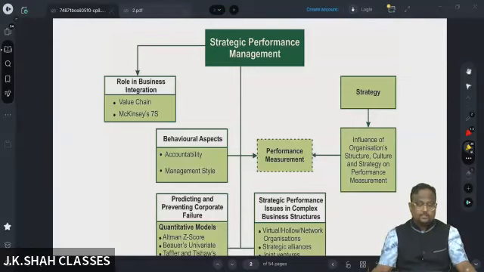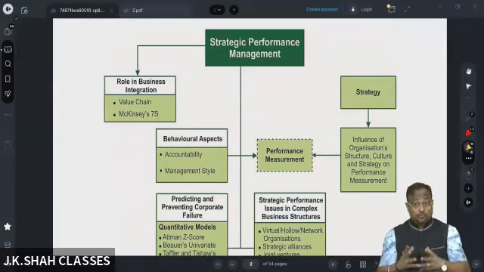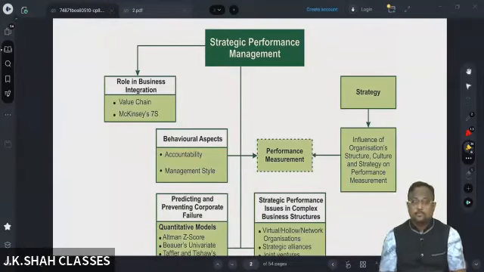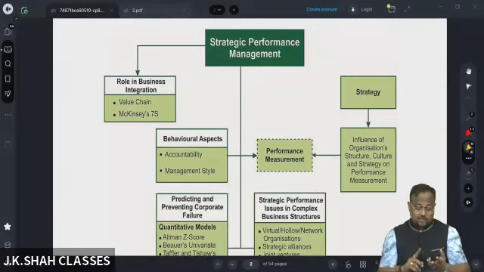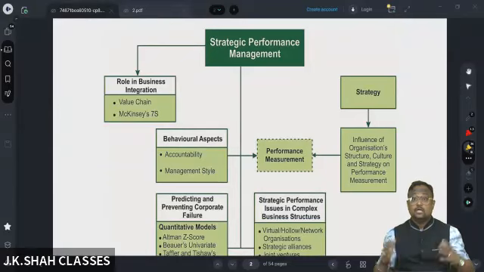If you're implementing something, you know the intention behind it. Now, we already know when we talk about strategic cost management, it is not only about earning profit, it is about customers' satisfaction, supplier satisfaction, and employee satisfaction. Basically, we have stopped thinking about shareholders and we have started thinking about stakeholders.